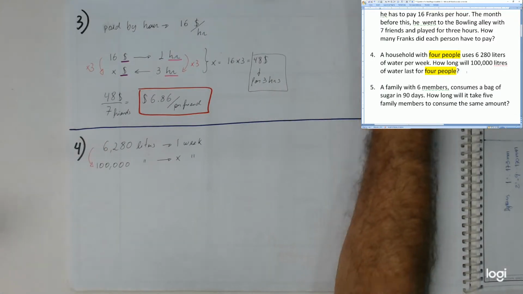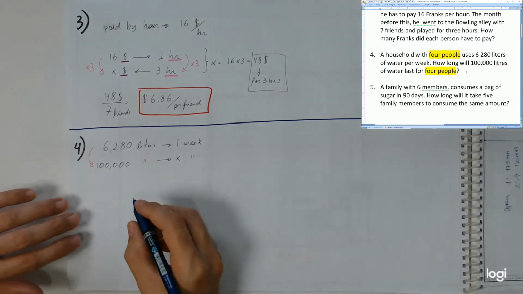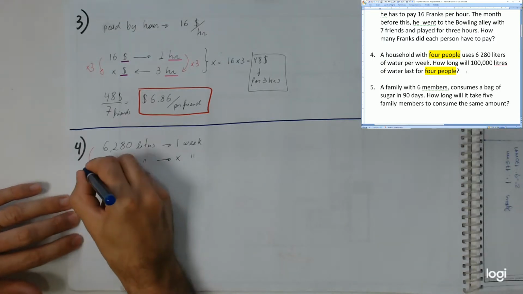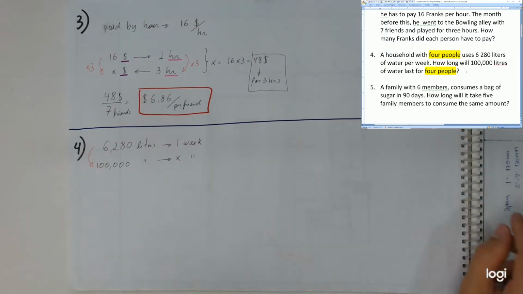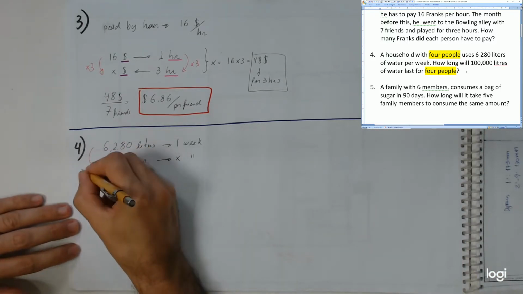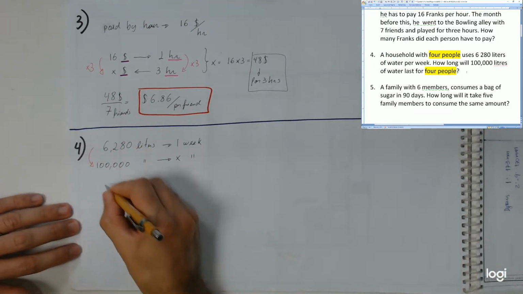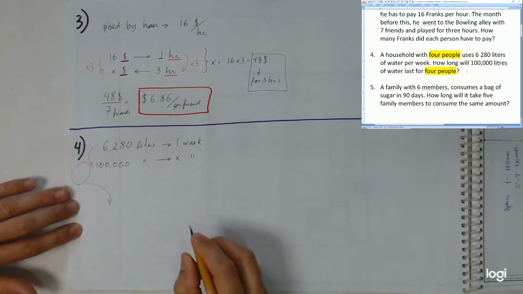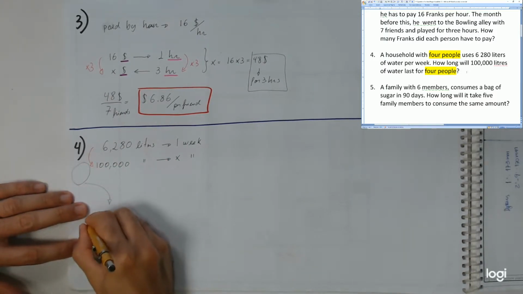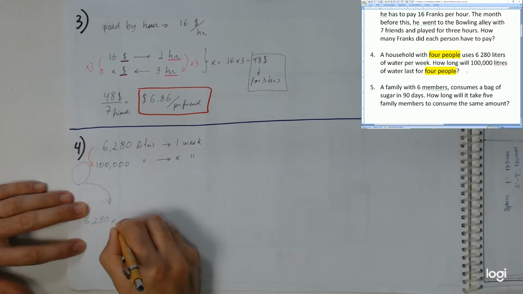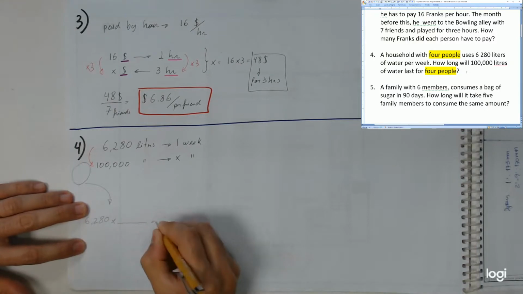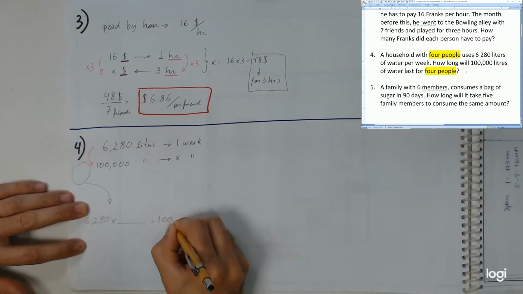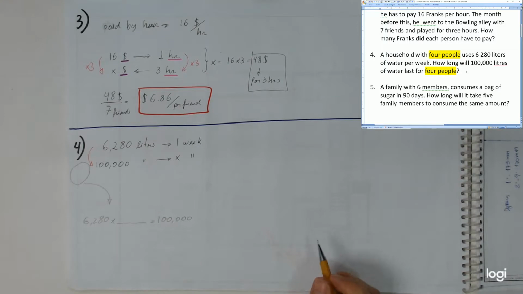Let me do this a little differently. I'm going to make this one in mechanical pencil, okay? The math should get this ratio in here, okay? Let's see. Well, we have 6,280. You have to multiply by something to get 100,000, okay?